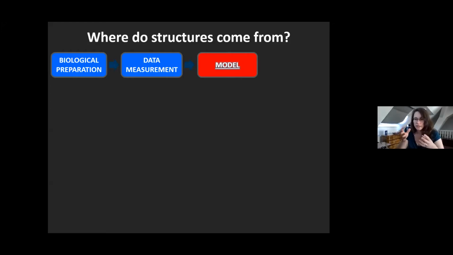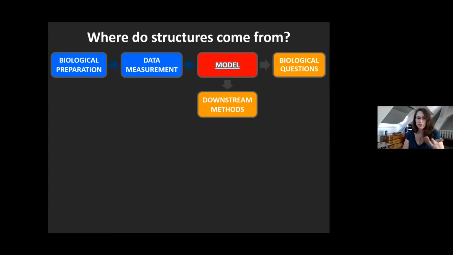You are always interpreting your experimental data with a model. So the model is your hypothesis. It's not the direct outcome of your experiment. And without a model, you can't get anywhere. You cannot get your answers to biological questions. And in coronavirus, very important, you cannot do downstream methods such as structure-based drug design.